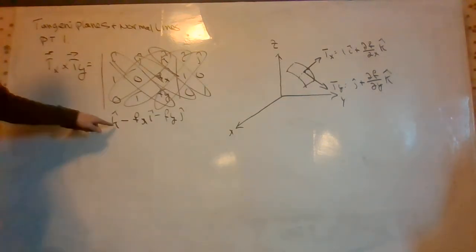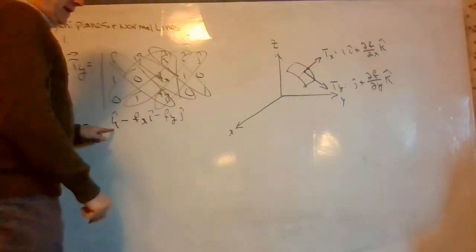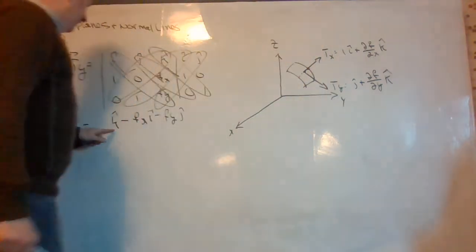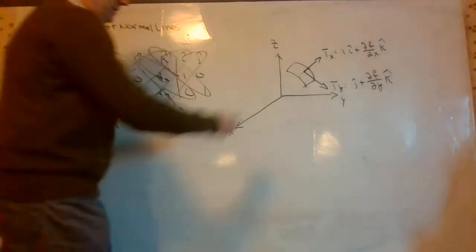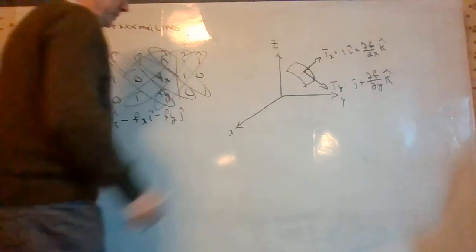Now, this would be an upward normal. k is positive, it's coming upward. If you wanted a downward normal, you could really do it either way.